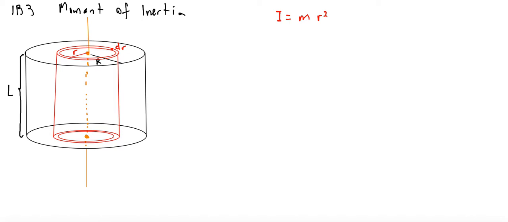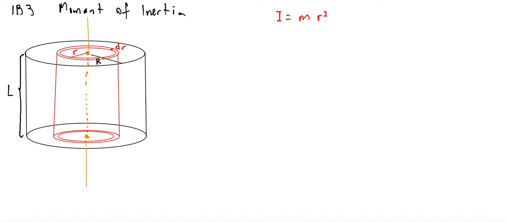I've divided this huge cylinder into an infinite number of rings of height L, each of thickness dr, and each next is at the distance from the axis of rotation of r plus dr.